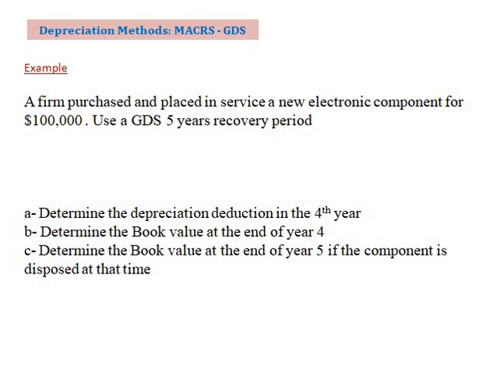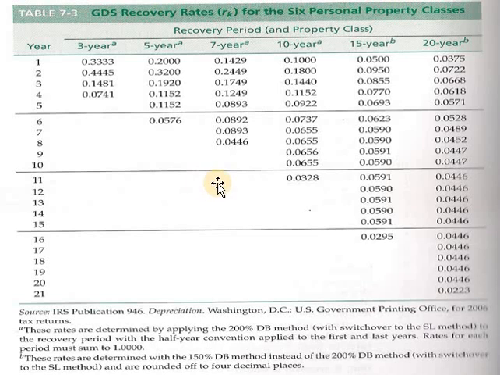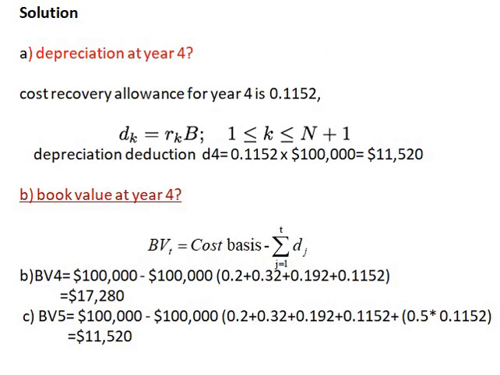So what is the first step? First of all, you'll have to look at the table. Okay, it lies here under 5 years. So these are the recovery rates that I'm going to use. This is used for year 1, 2, 3, 4, and 5. This is if I decide to use it for an extra year. Now I was asked to calculate depreciation at year 4.